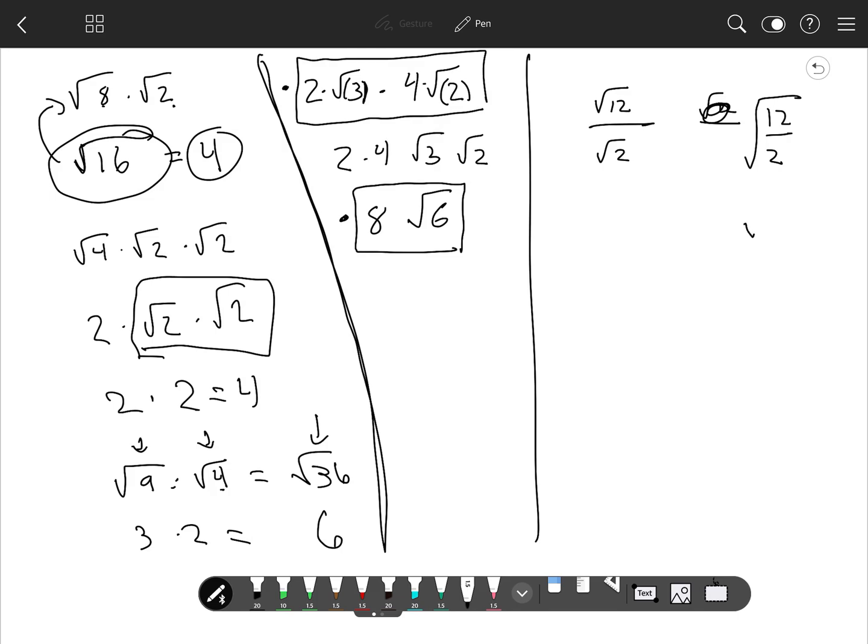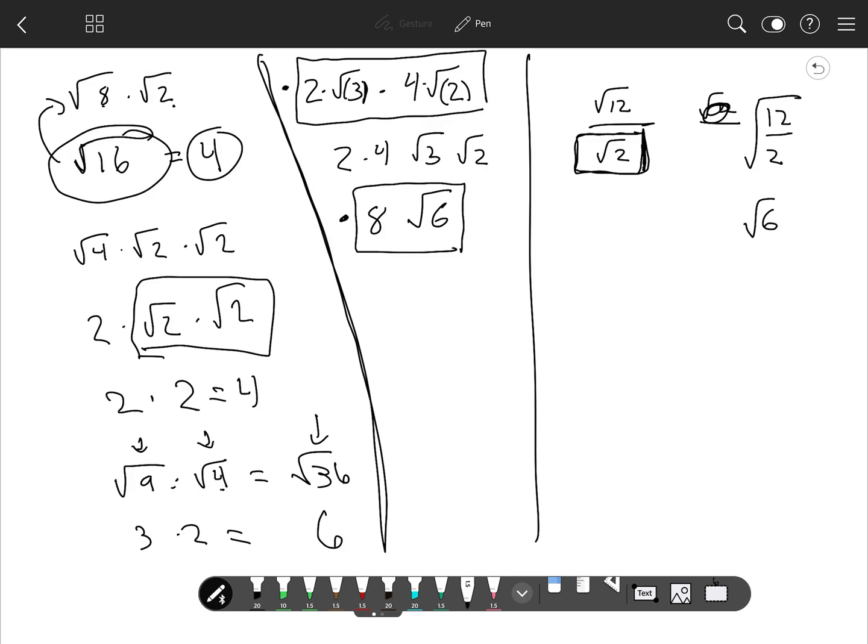Okay, so that's one way to write it, is square root 6. Something really important here, and there's a method for taking care of this problem. The problem is this. If you have a square root in the denominator, remember a square root, if it's not a perfect square, is an ongoing, non-repeating decimal. And so what that means is the decimal place goes on and on forever without any kind of repeating pattern, and you can't divide by that kind of number.